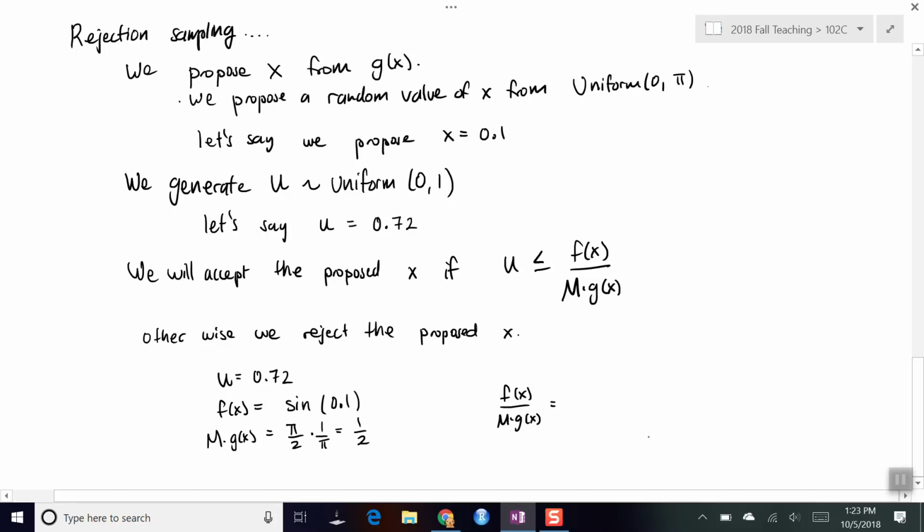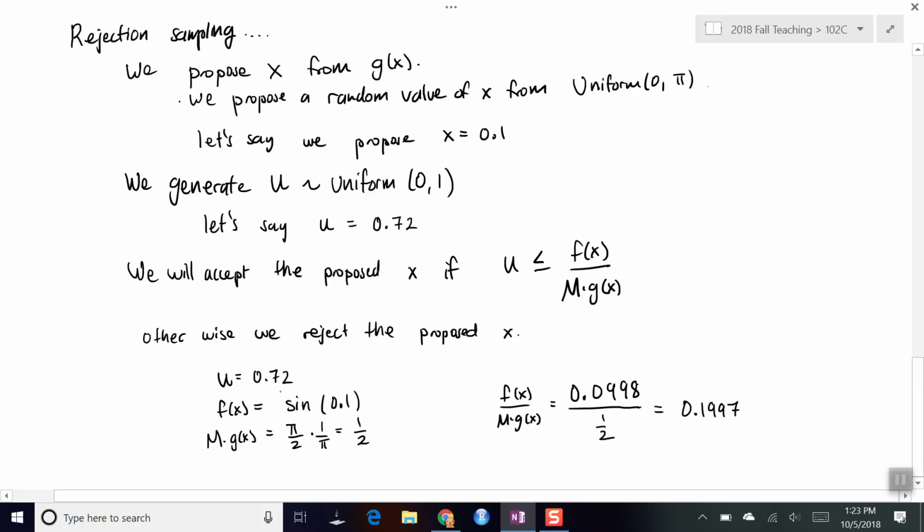Okay, I get 0.0998 divided by 1/2, and I get 0.1997.